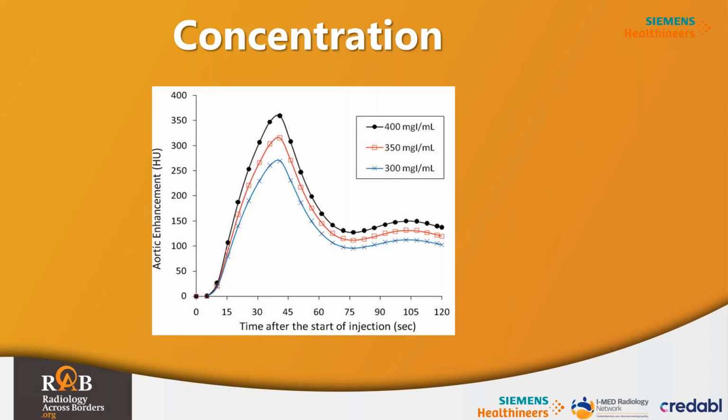Typically, we'll use 300 milligrams of iodine per mil for our routine scanning, and we'll use say 350 for our angio-based scanning. But again, obviously, if we have more iodine in the contrast, it will be brighter.